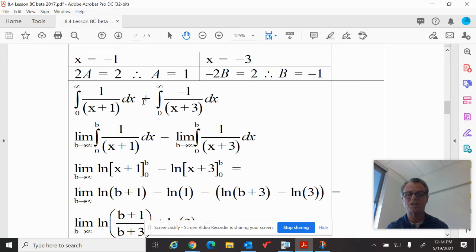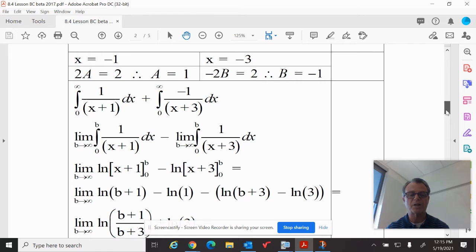So we can rewrite this as the sum of the integral from 0 to infinity of this plus from 0 to infinity of -1 over x plus 3. And then I just break that down into the difference of these two. But then what you're doing is you're saying, I want the limit as b goes to infinity, and I replace this infinity symbol with a b on the left and right integral.